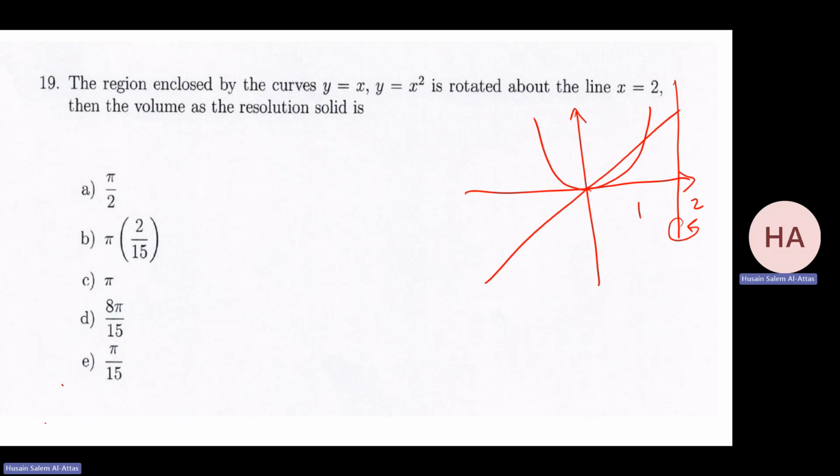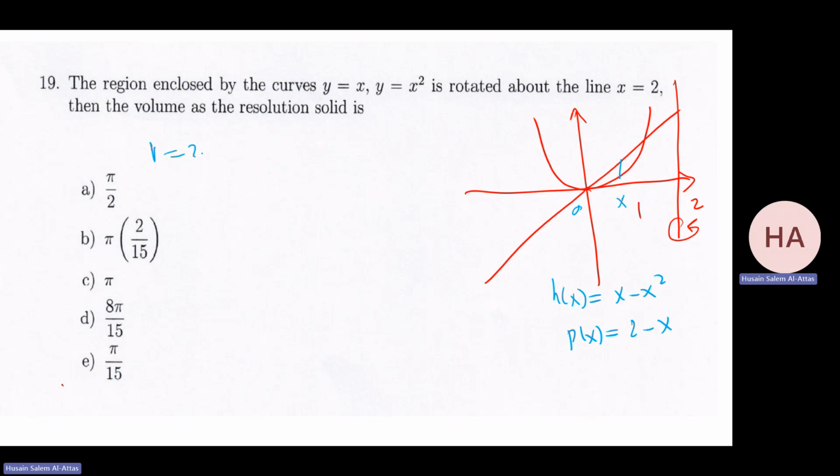My line will be this one. So I have h of x will be x minus x squared. A of x, this is x, it will be 2 minus x. So the volume from where to where? From 0 to 1. Very clear, from 0 to 1.